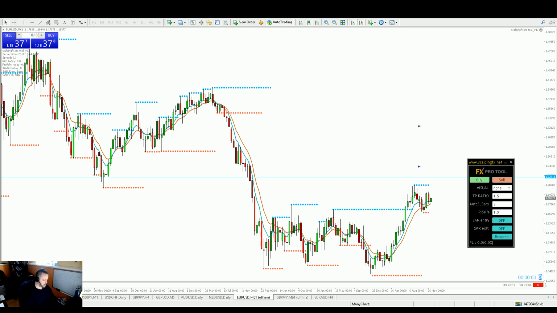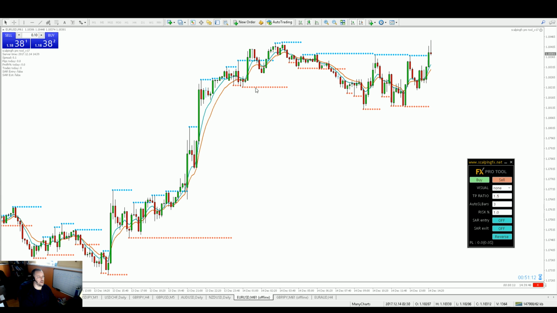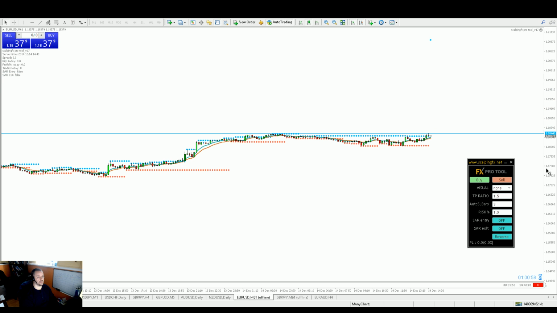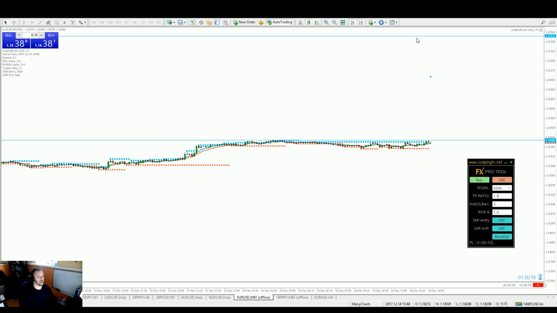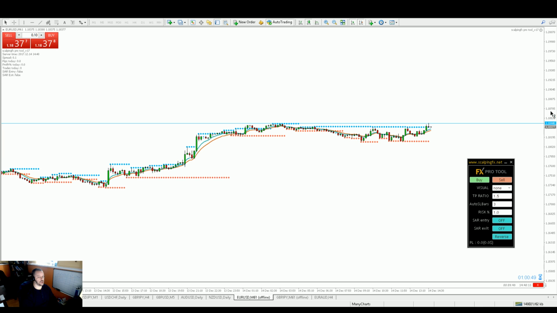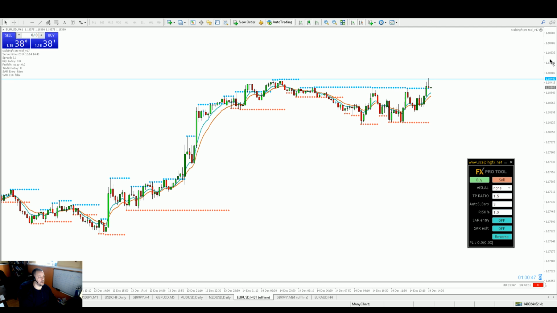So let's bring down the chart to M10. We want to break this level. When I say break this level, we want to close above this line. If we close above this line, that's a good indication. And we have our big take profit number 1 based on the 2-week chart right over there. It's not logical to think about obtaining this gain in a couple of days.